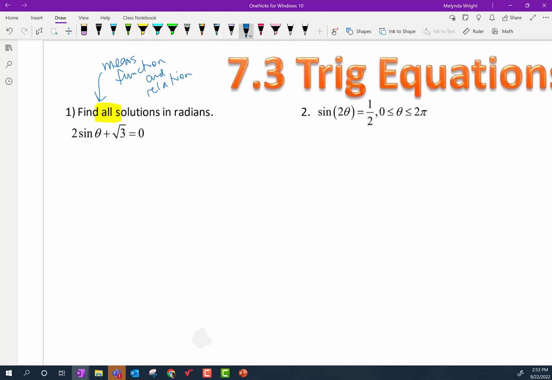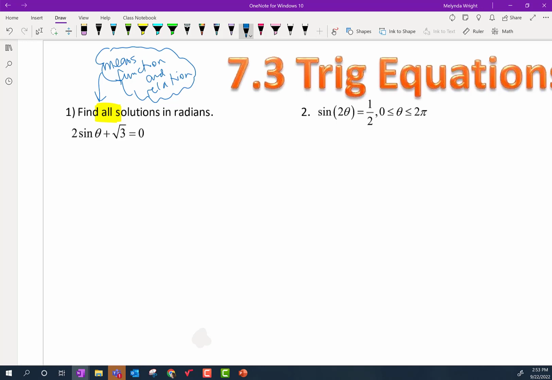We want all of them. And there's a particular way that we write all when we get our answer to the problem, and we will talk about that as well. So this means that we want the functions and relations.